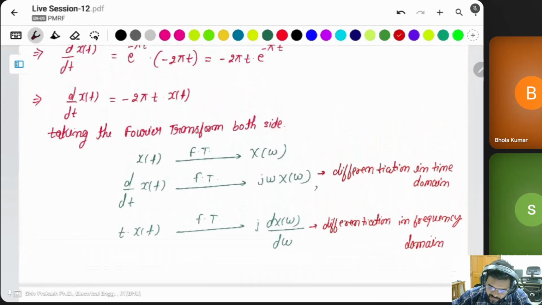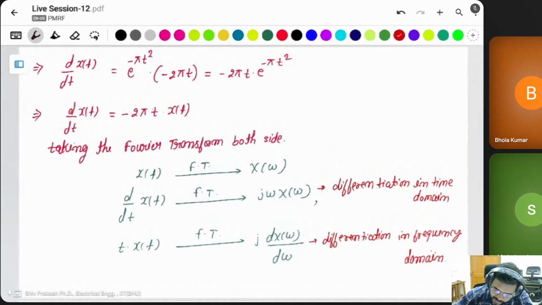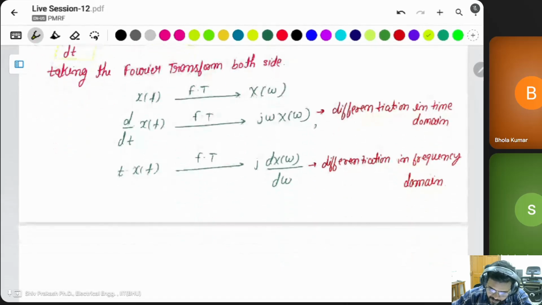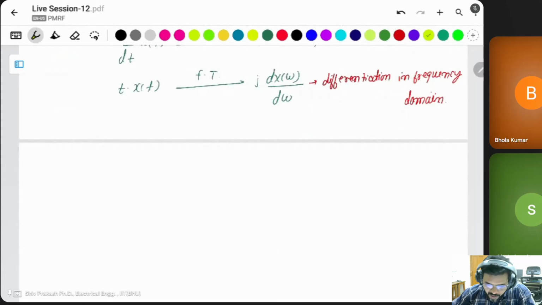You can use these two properties. Here is the function, d x(t) by dt. Apply Fourier transform both sides.